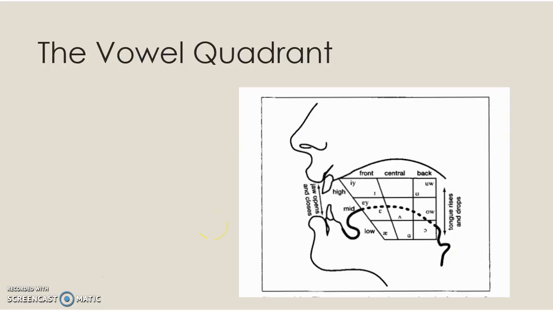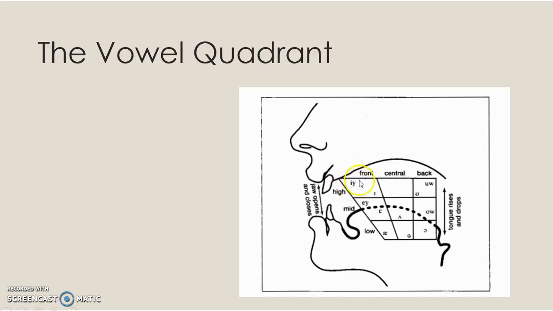The vowel quadrant is the visual representation of the vowel sounds in English. As you see, we're going to have the descriptions that we talked about before: if the vowel is front, central, or back, the position of the tongue, is it high, middle, or low, and if the jaw opens and closes. We're going to find here also tense and lax sounds.